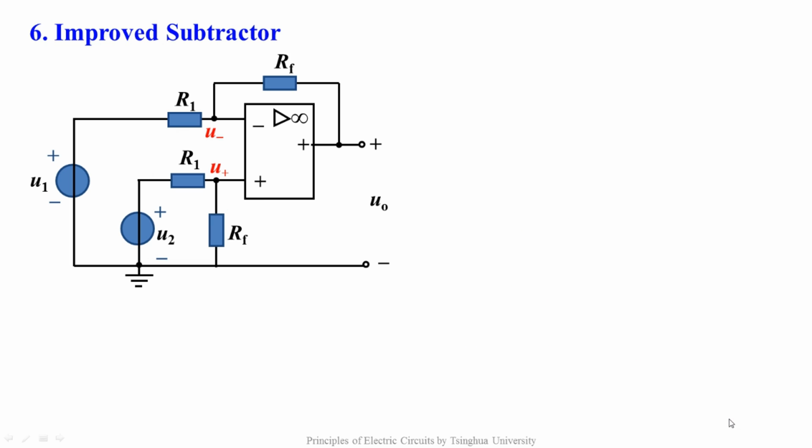With regard to this circuit, we derive the relationship between the input and output again. We still use the basis of the ideal op-amp's properties, virtual short and virtual open. According to the virtual short property, U minus equals U plus, which is a proportion of U2, equals RF over R1 plus RF times U2.